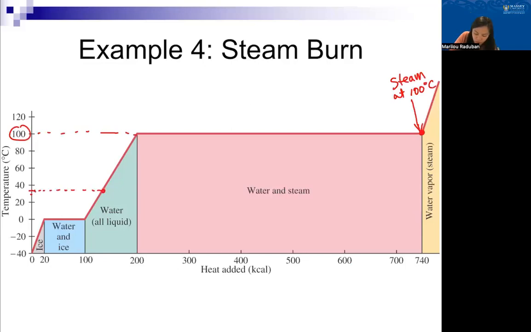Before steam can cool down to 36.5 degrees Celsius, notice how steam needs to condense to water first.